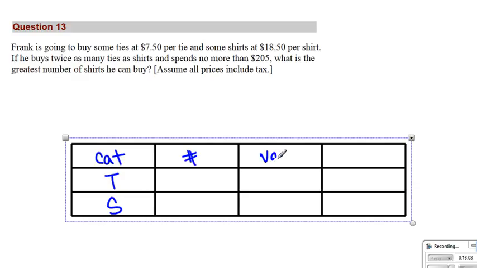Numbers, the value of each kind, and then total. Our value for each kind here was the tie was $7.50, and shirt was $18.50.